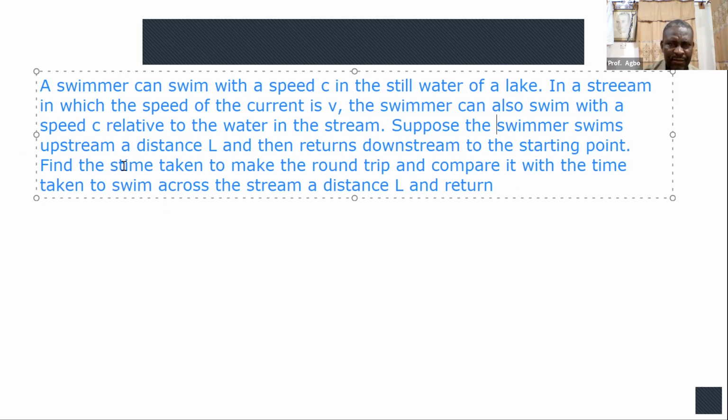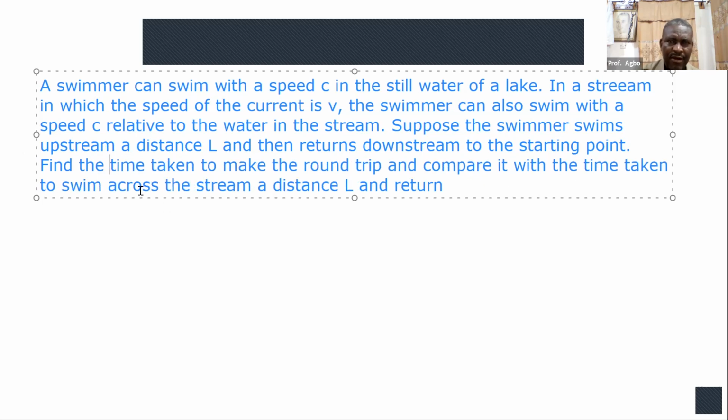Find the time taken to make the round trip and compare it with the time taken to swim across the stream, the distance L, and return. Now, that is the question.